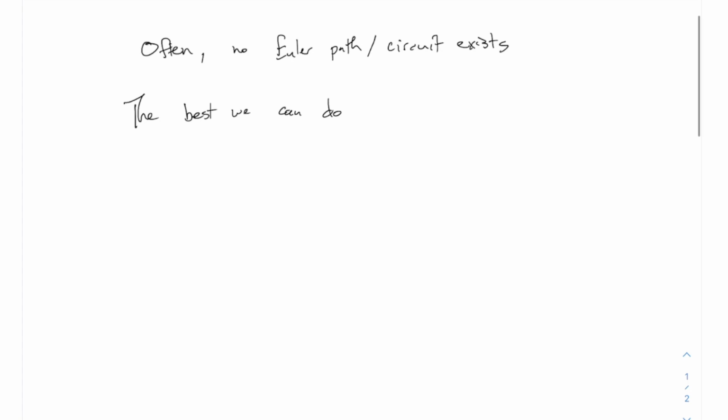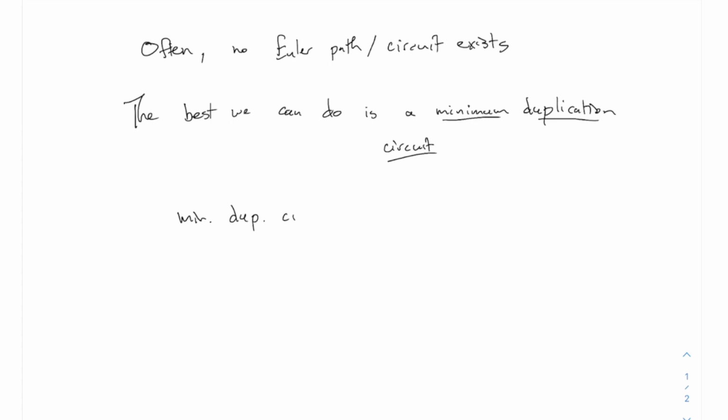So the best we can do is what's called a minimum duplication circuit. I'll just write usually "min dup circ". What this means is we cover all the edges with as few repetitions as possible.